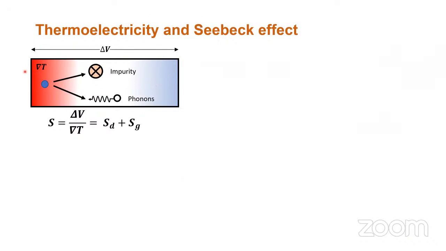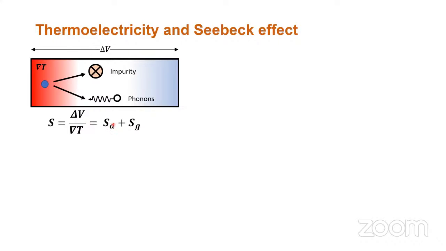If you have a solid and you want to create a temperature difference, it leads to a voltage difference as well, because the electrons essentially travel from the hot end to the cooler end, and in the process it suffers collision that leads to a potential difference. Okay? There are two different types that are important.